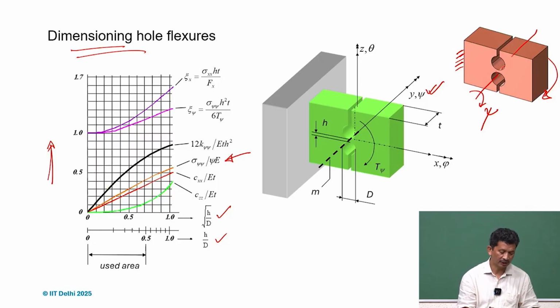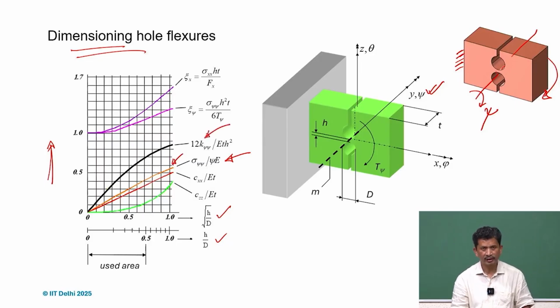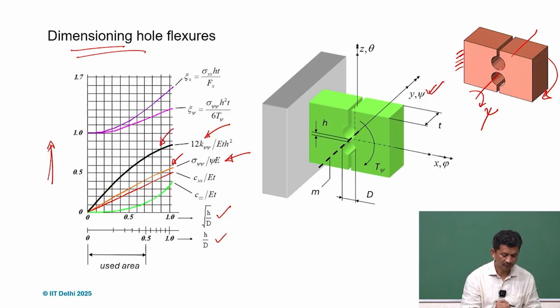If we want to know the sigma value, the stress value with respect to h by d, this plot is what we are interested in. We will also be interested in knowing the k values, the rotational stiffness in the psi direction, so we may have to refer to this plot.